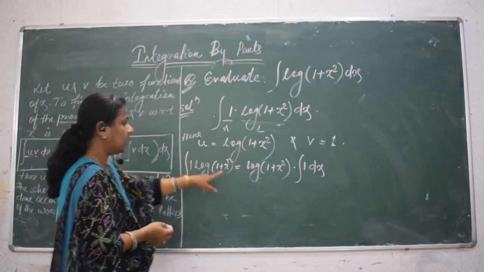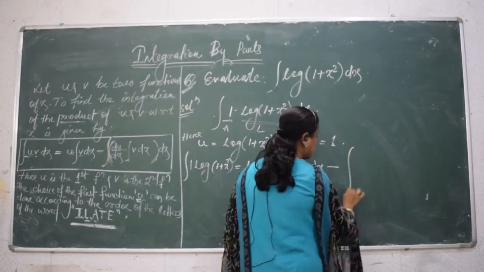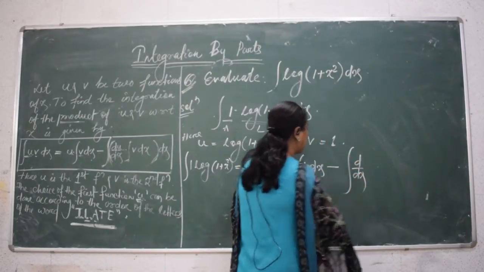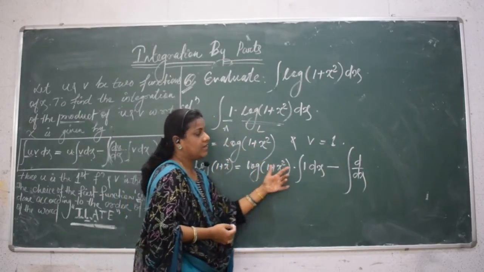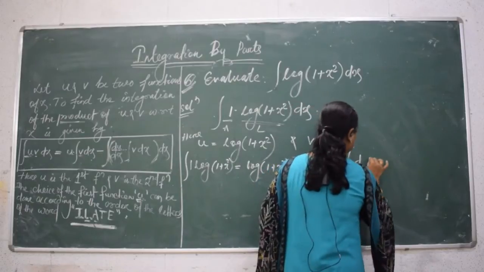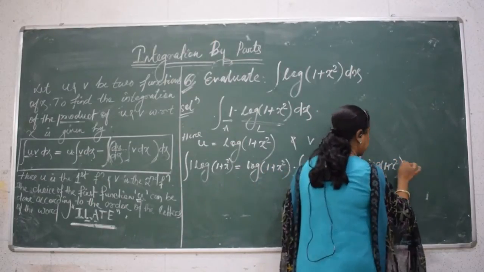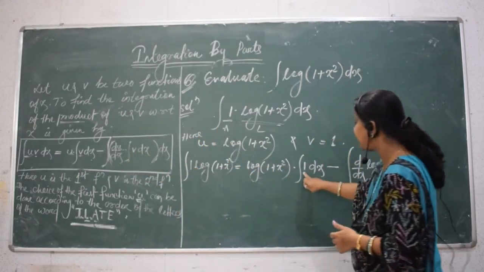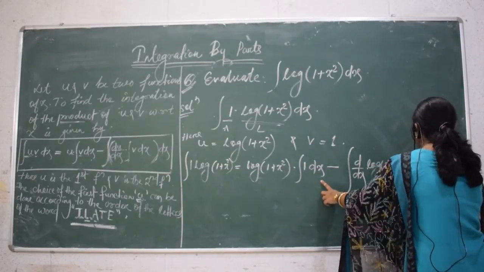I have taken only v equals 1 with respect to dx, we have to integrate, then minus the integration of the derivative. Whatever the first function you take, here you have to write the first function and its derivative, that is log of 1 plus x square, into the integration of v dx.